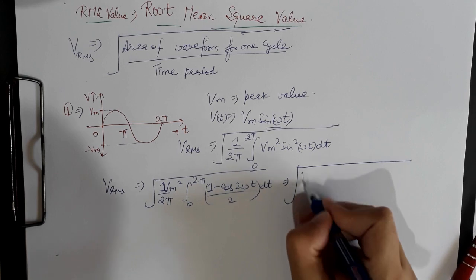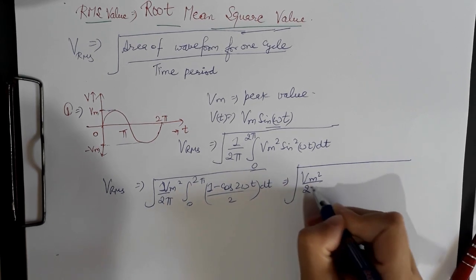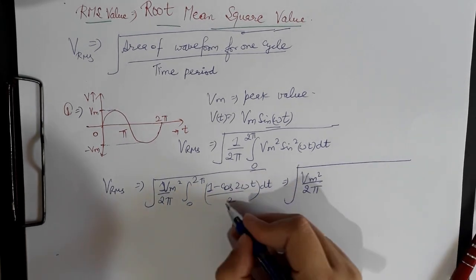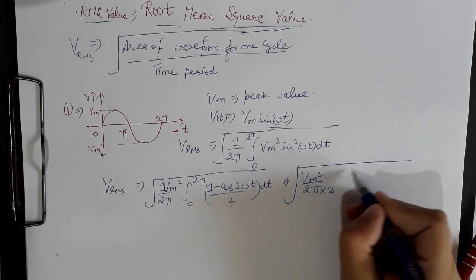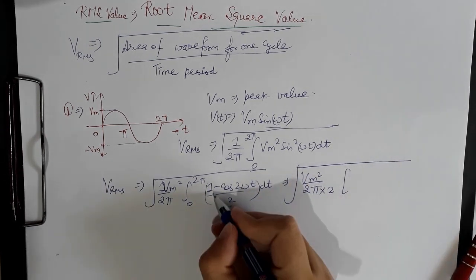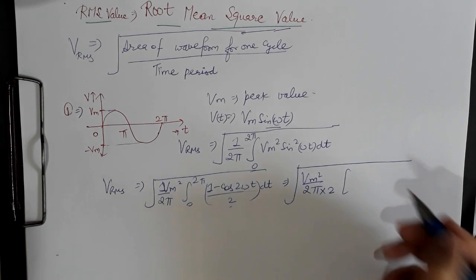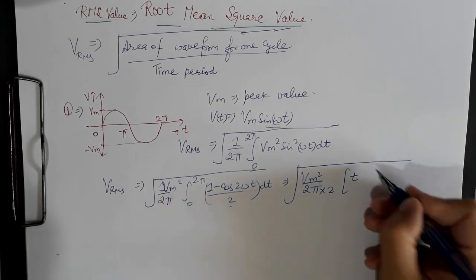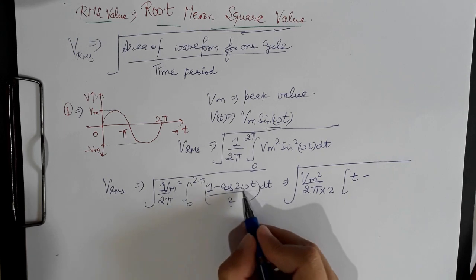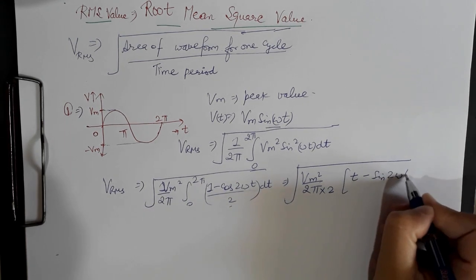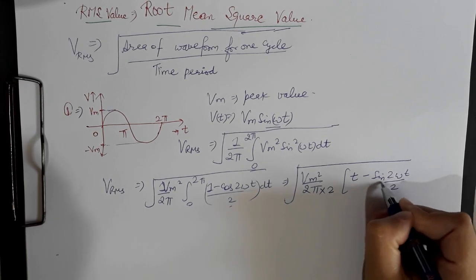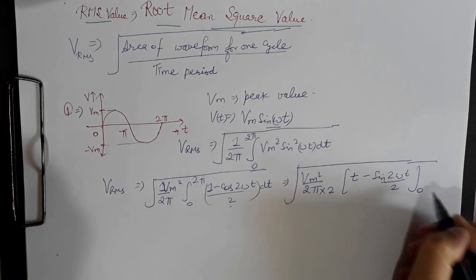So solving it again, Vm square upon 2 pi, this 2 I am taking it outside, 2, and integration of 1 with respect to t is dt is t minus integration of cos 2 omega t is sin 2 omega t upon 2 from 0 to 2 pi.